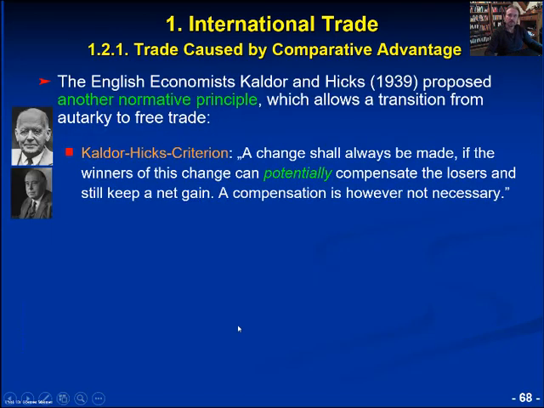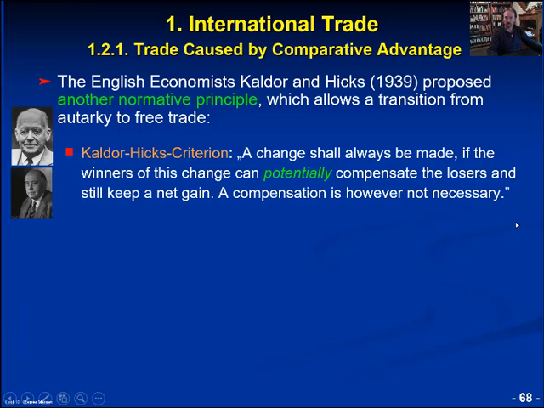The English economists Kaldor and Hicks proposed another normative principle which allows a transition from autarky to free trade. It's called the Kaldor-Hicks criterion. According to this, a change shall always be made if the winners of this change can potentially compensate the losers and still keep a net gain.